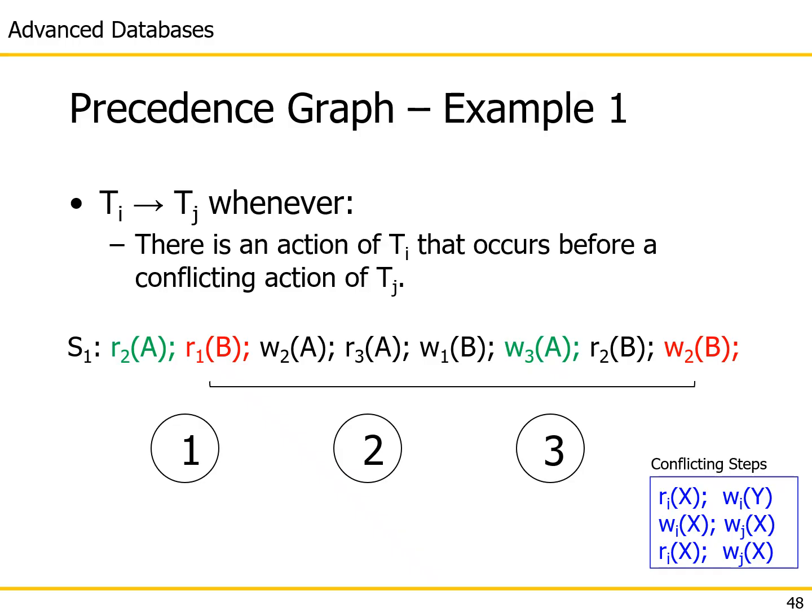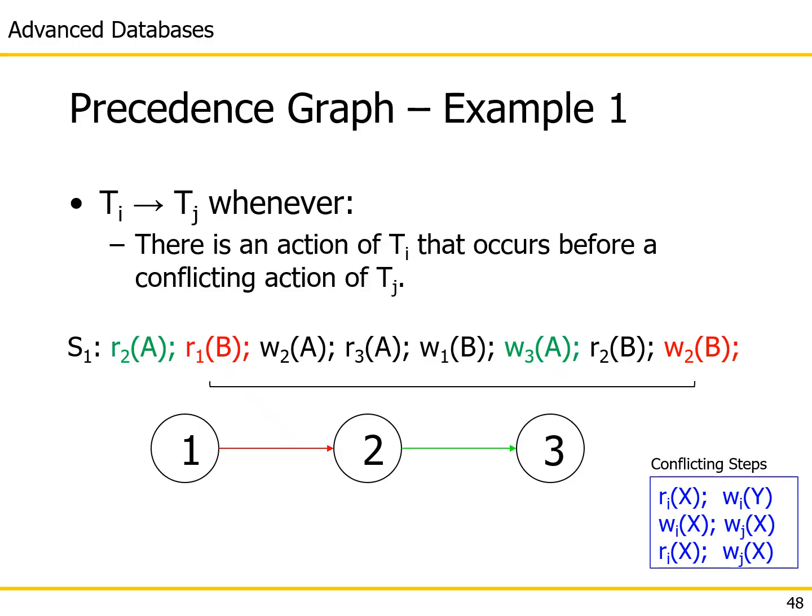Two different transactions, one reading an element and another writing the same element. So there is a conflict here again, which means 1 comes before 2. I have to respect this order to get the output that is equivalent to some serial schedule where 1 is before 2 and 2 is before 3.